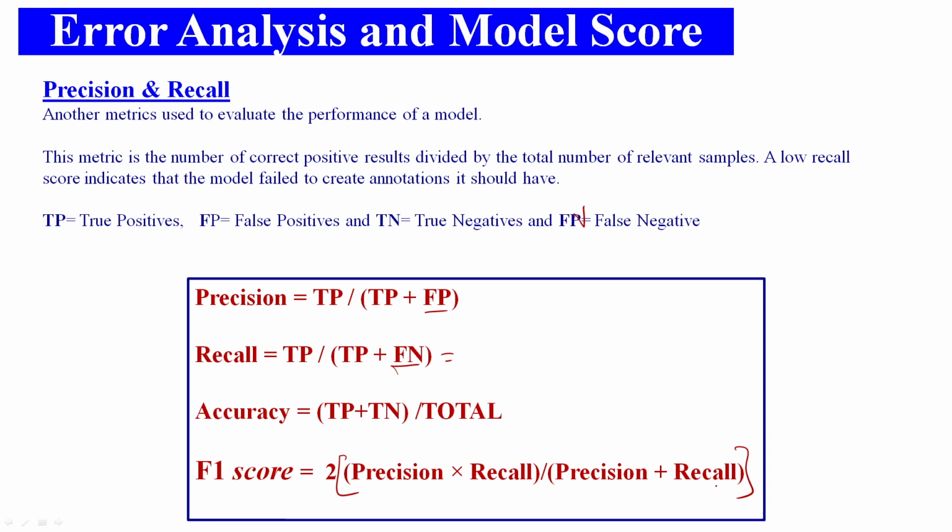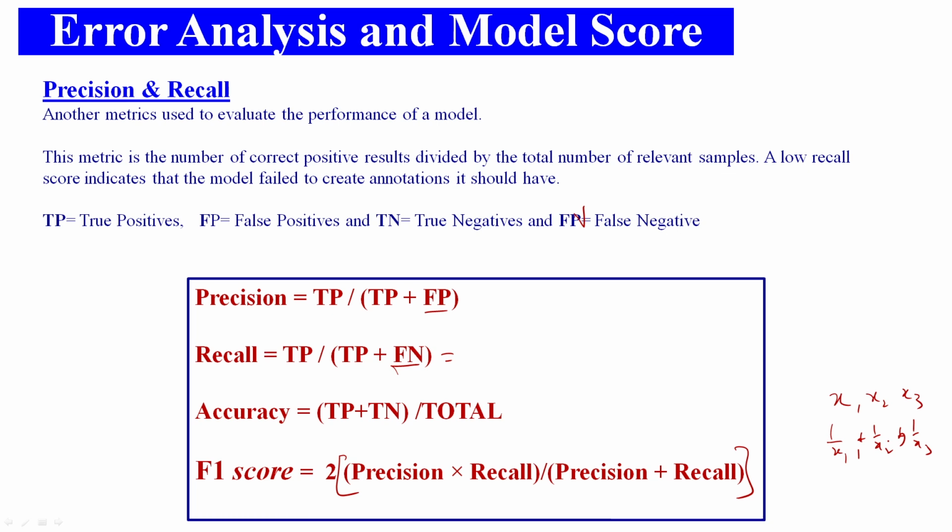Harmonic mean is basically equivalent to the arithmetic mean of the reciprocals of the quantities. If I have quantities x1, x2, x3, the reciprocals are 1 by x1, 1 by x2, 1 by x3, and now we take the mean of the reciprocals.